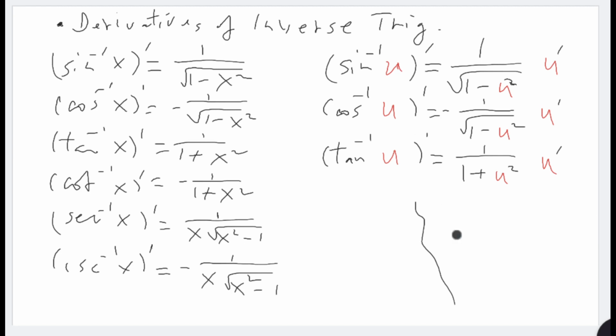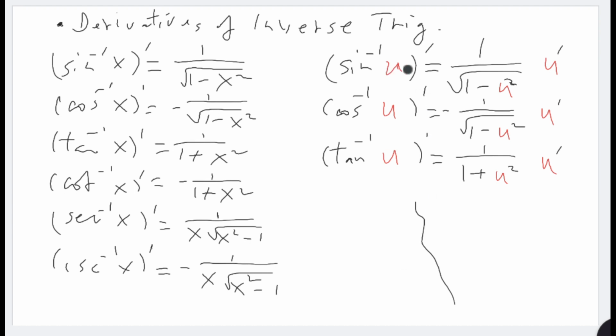So I'm going to call these formulas in this right column the u version of these formulas, meaning you see a function u inside inverse sine, inverse cosine, inverse tangent, and so on.